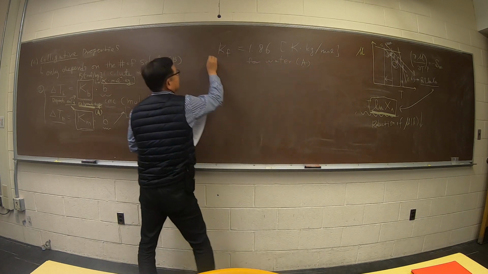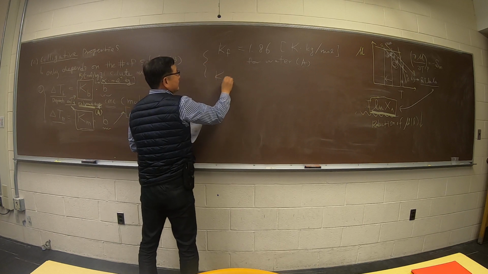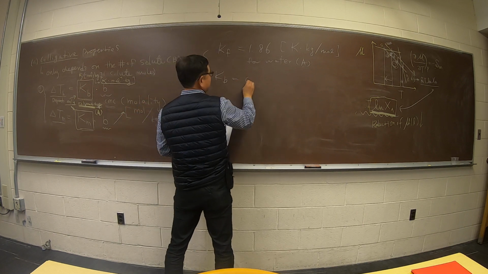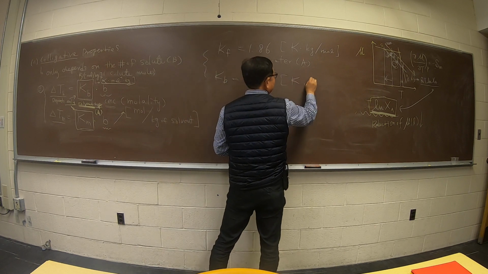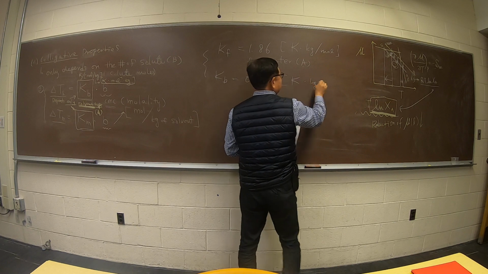And KB, the boiling point elevation constant, is 0.51 K kilogram per mole.